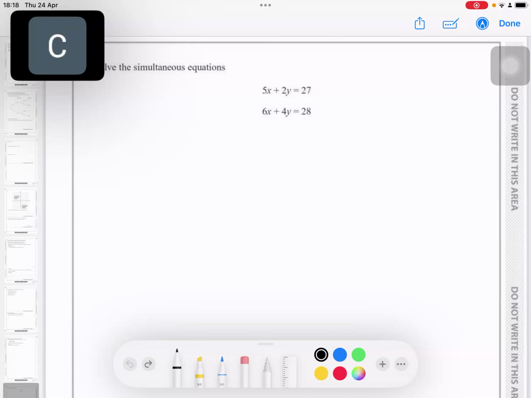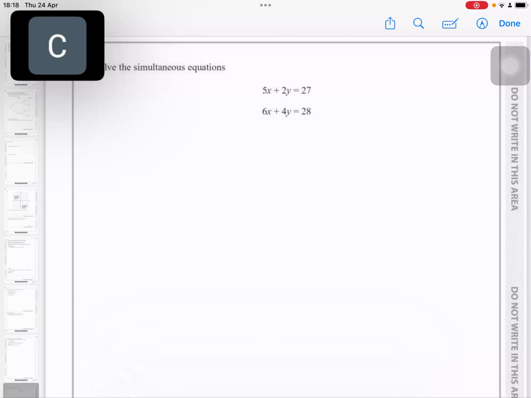Now, equation 2 will look something like this. If you divide 6x by 2, you will have 3x, isn't it? Yes. And then divide 4y by 2, you will have 2y. Yes. And then divide 28 by 2 and you will have 14, isn't it?